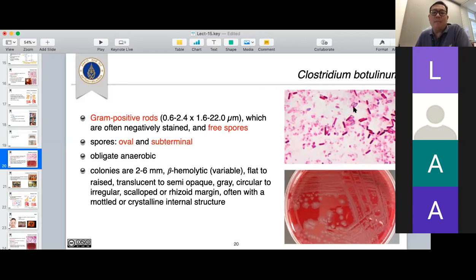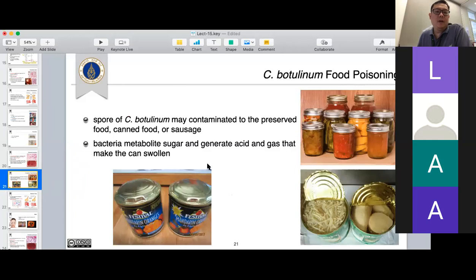Botulinum is gram positive, but when you stain, you probably see gram negative. This is the characteristic. Okay, botulinum can produce beta hemolysis or non-beta hemolysis, depending on strain. Okay, the colony is quite big, right? Botulinum happens by contamination with spores or vegetative cells.